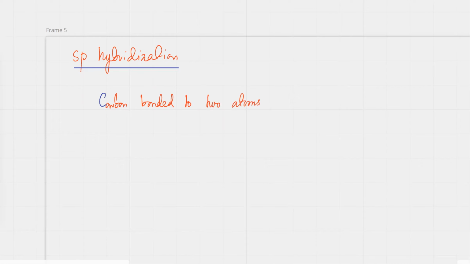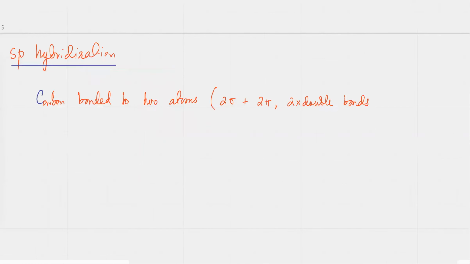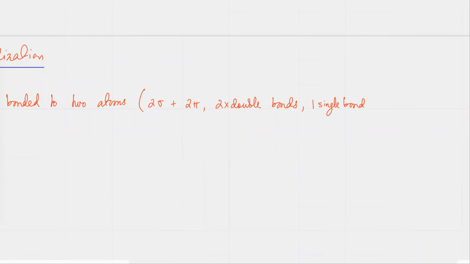So what that means is that it's forming two sigma bonds and it's forming two pi bonds. Or in other words, it's either forming two double bonds, or it's forming one single bond plus one triple bond.